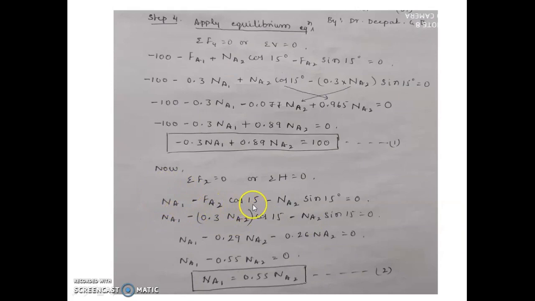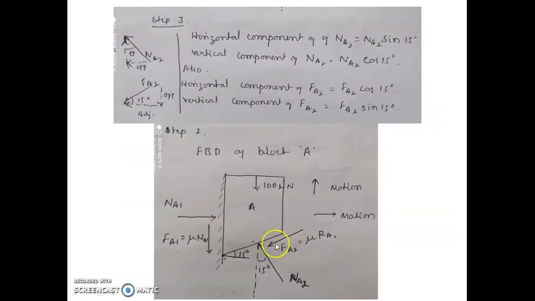Then Fa2 cos 15, the frictional force on the second contact surface, with a minus sign. This force is acting towards the left side, and if I resolve it into the x direction or horizontal component, it becomes Fa2 cos 15 degrees, acting leftwards, hence it is minus.